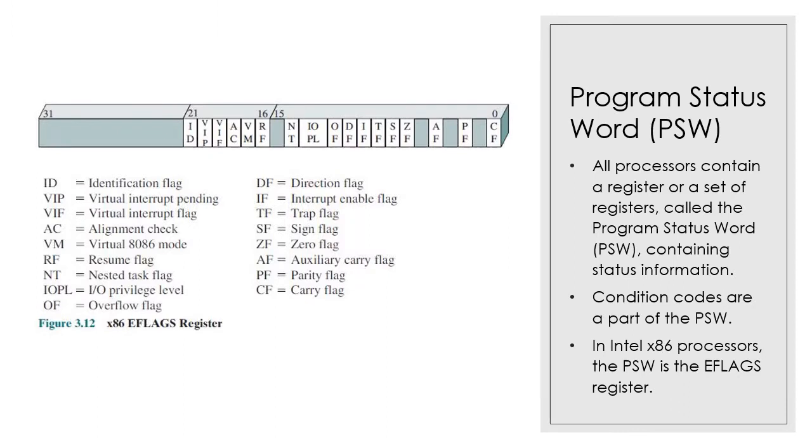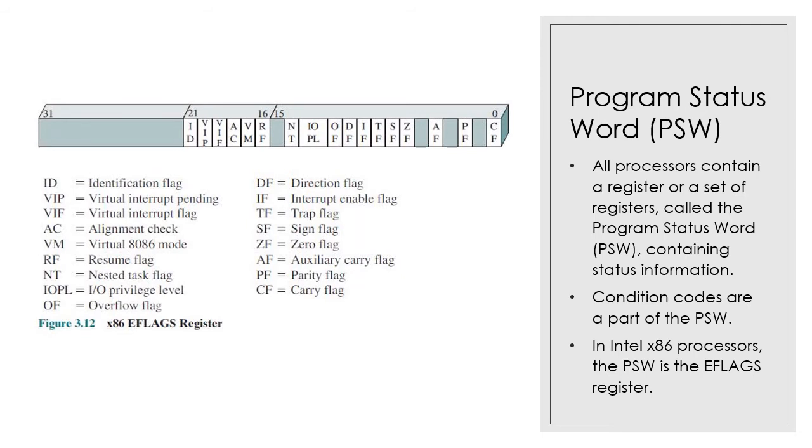All processors contain a register or a set of registers called the program status word, or PSW for short, containing status information. Condition codes are a part of the PSW.